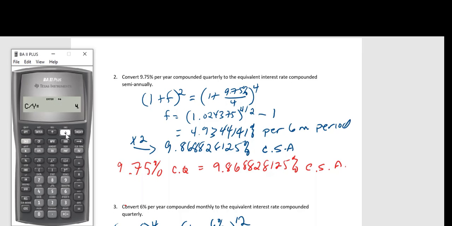So we need to press the down arrow to go back to compounds per year. Change it to 2. Press enter. Down arrow back to nominal. Press compute. And we have our solution, 9.868828125% compounded semi-annually. Using your calculator, you must first go to effective if you want to go to a different compounding period other than effective.